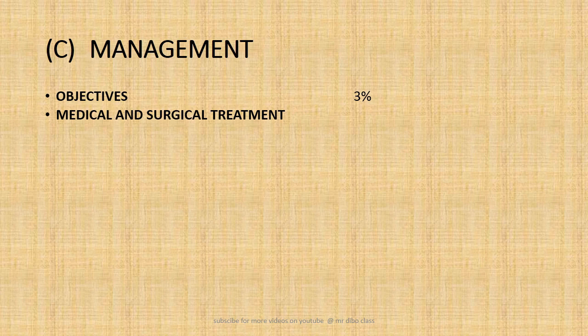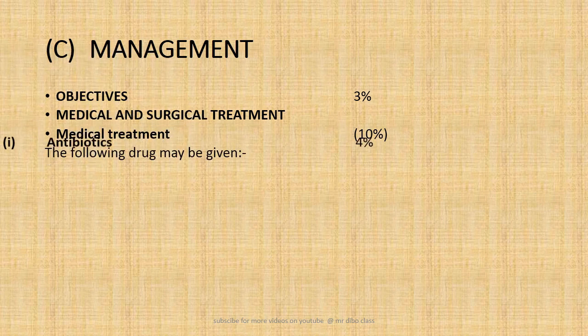So under the management here, we are told to discuss it under medical and surgical treatment. Here we'll pick one, and we are going to start with the medical treatment. Under medical treatment, we are going to mention the following drugs which can be given. Number 1, antibiotics. The main reason for giving antibiotics is simply to combat or eradicate any infections.